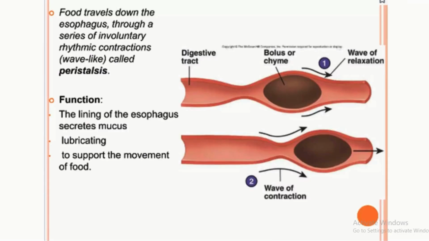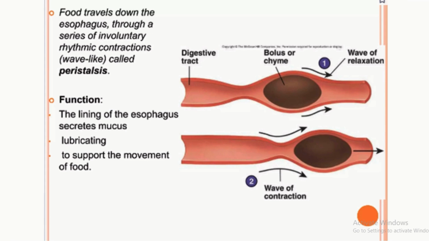So there is a general mechanism during the traveling of the food in the esophagus tube, which we call peristalsis. So how can we define peristalsis? It is basically the food traveling down the esophagus through a series of involuntary rhythmic contractions, which we call the wave-like activity, and this is defined as peristalsis. The lining of the esophagus secretes some mucus lubricating to support the movement of the food.